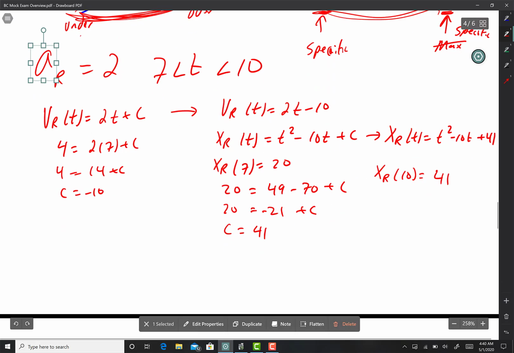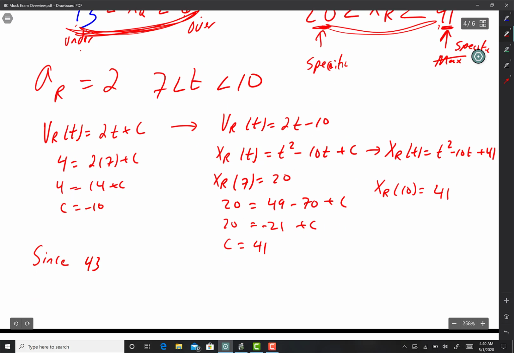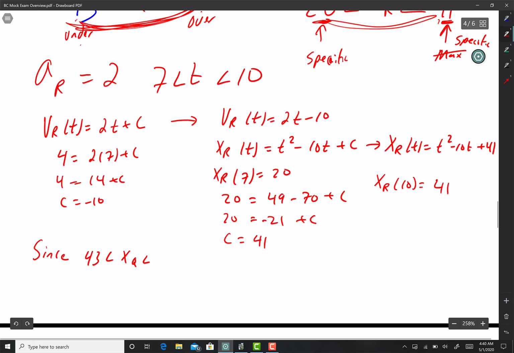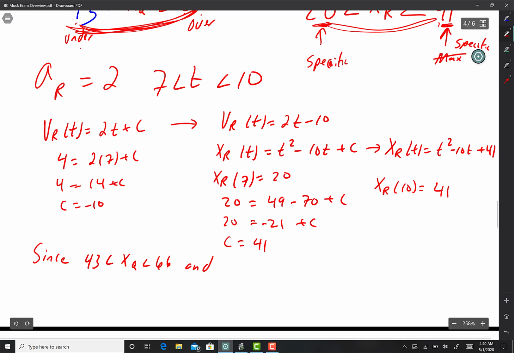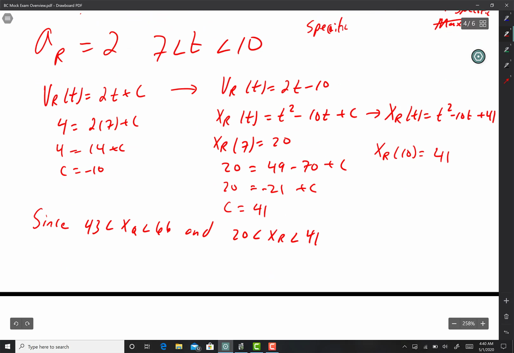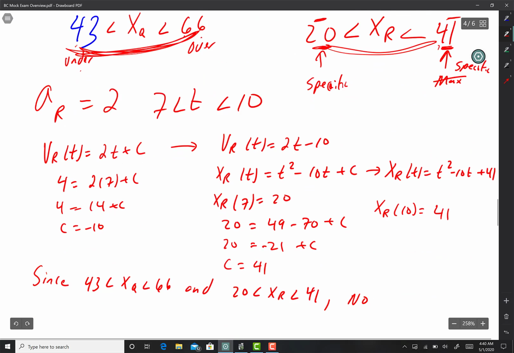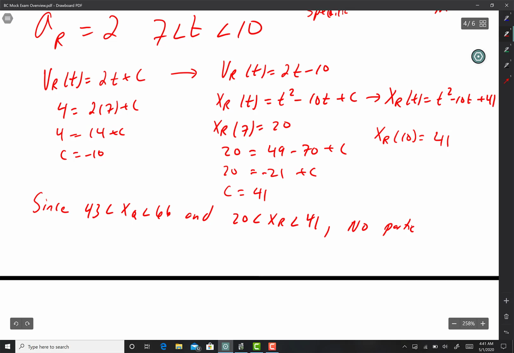So I'm going to write, since 43 less than xq less than 66 and 20 less than xr less than, you can actually put equal signs on this one, 41, because it does equal 41, it does equal 20, particle q and particle r do not meet on this specific time interval.